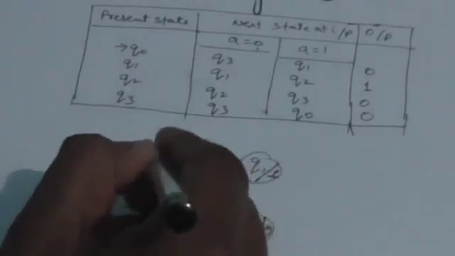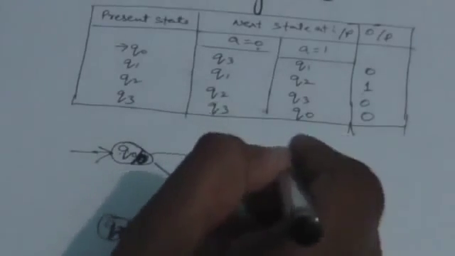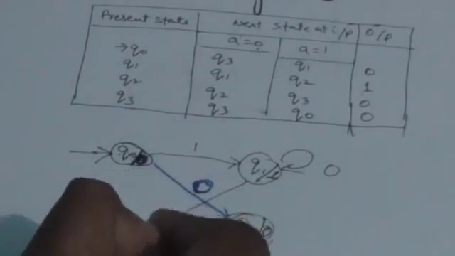Now see its transition for input 1. For input 1, it will jump to state Q1. Now the transition of Q1. When it reads 0, it will remain in state Q1. When it reads 1, it will jump to state Q2.